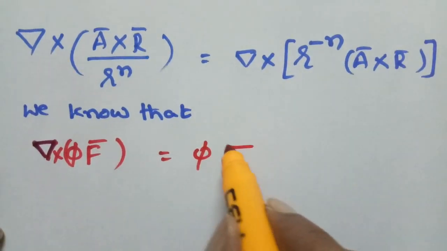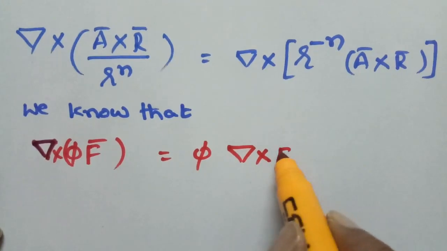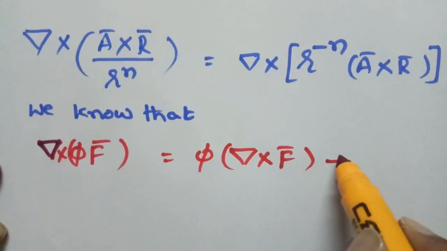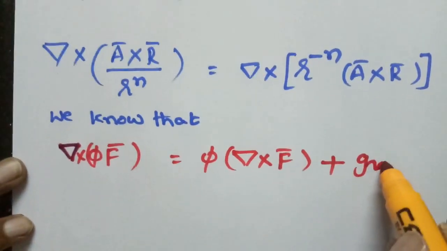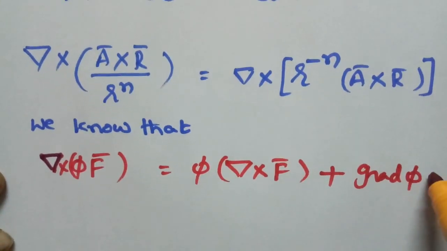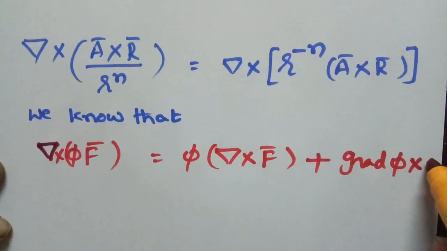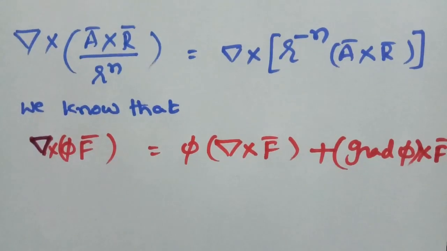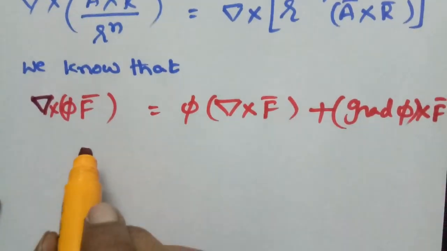phi into del cross f bar plus grad phi cross f bar, grad phi or del phi.